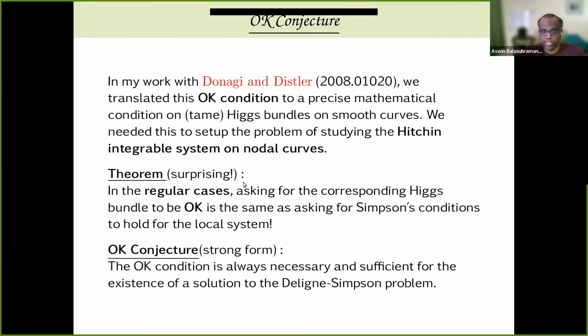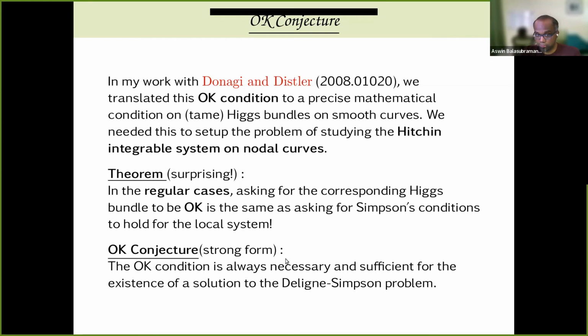But one of the surprising things that we found as a consequence of having to do this groundwork is that in these regular cases that I mentioned, that Simpson studied, asking for the corresponding Higgs bundle to be okay in this sense that we defined turns out to be the same as asking for Simpson's conditions to hold for the local system, which is the thing on the third column that I showed you.